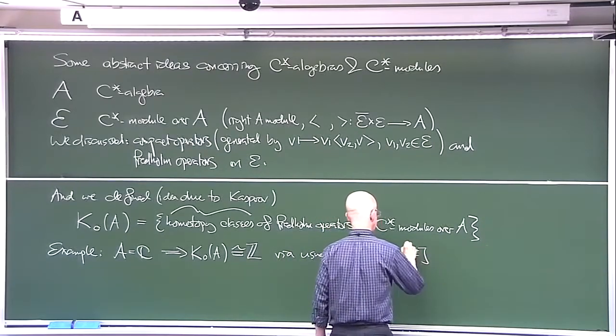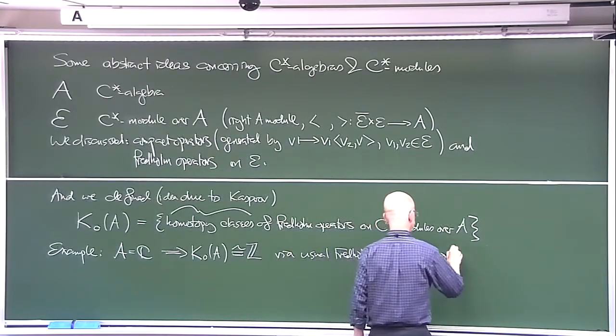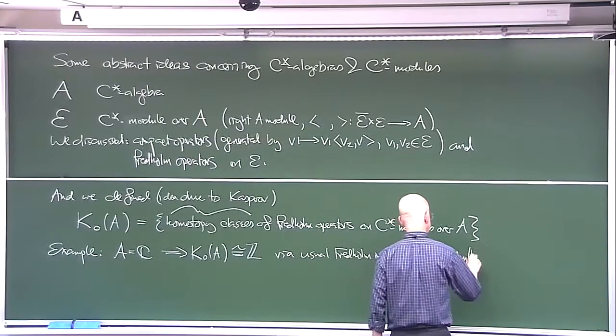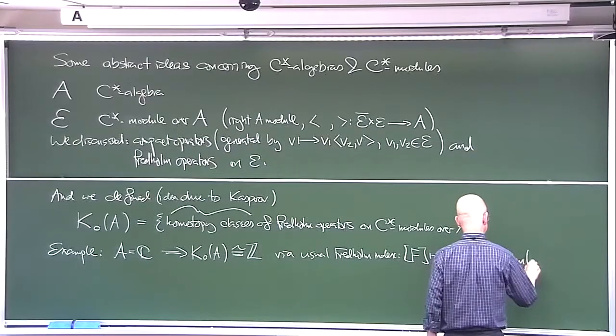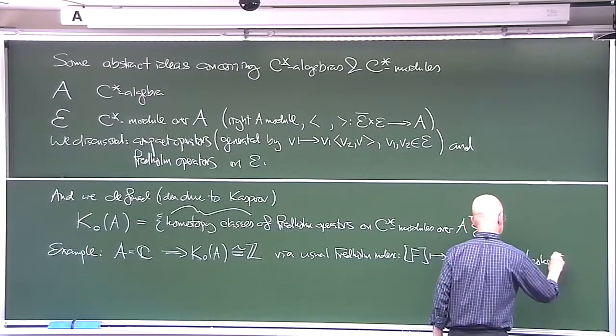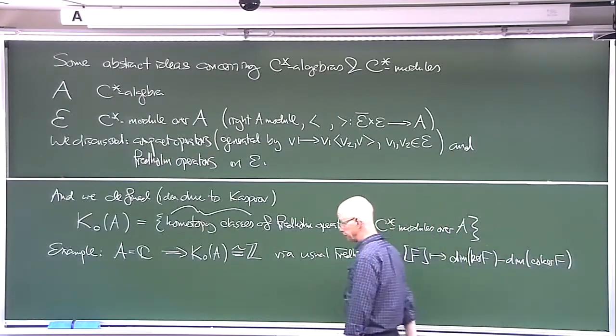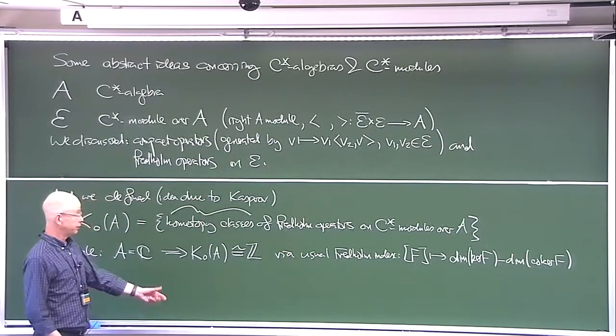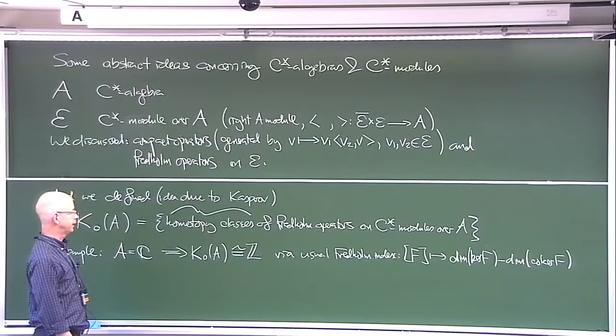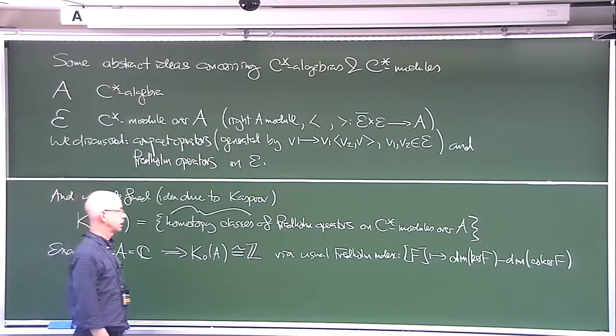So the homotopy class of F goes to the dimension in the usual vector space sense of the kernel of F minus the dimension in the usual vector space sense of the co-kernel. And it's part of the theory of Fredholm operators that these are two integers, two finite quantities that we're taking the difference of. Okay.